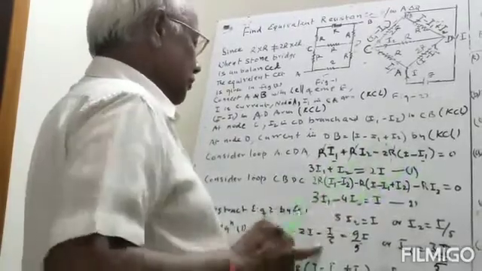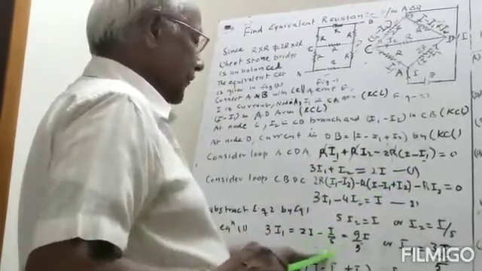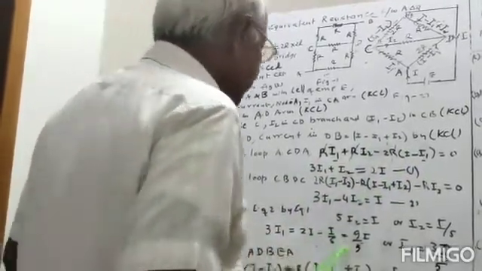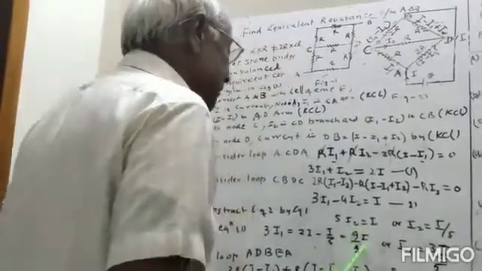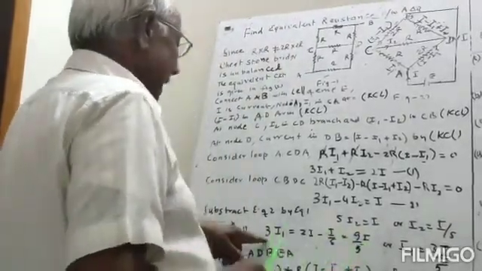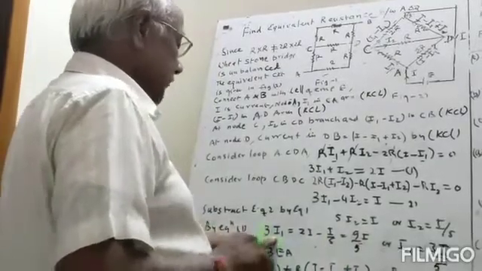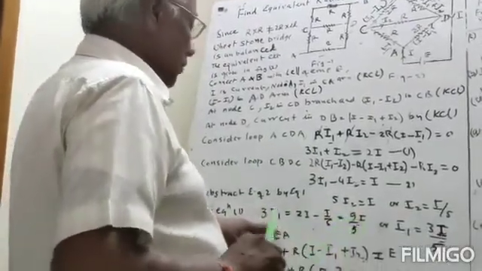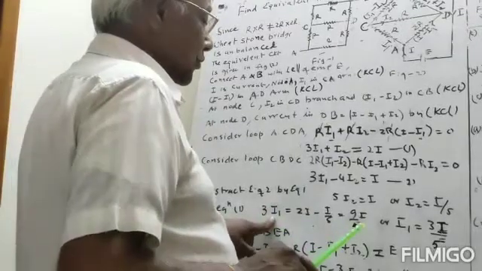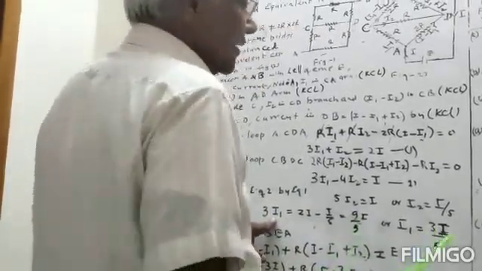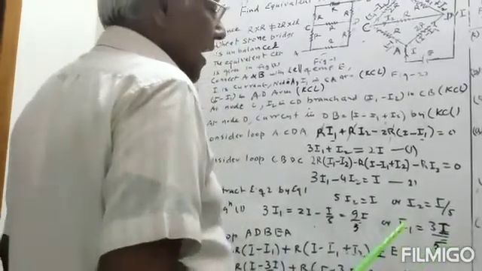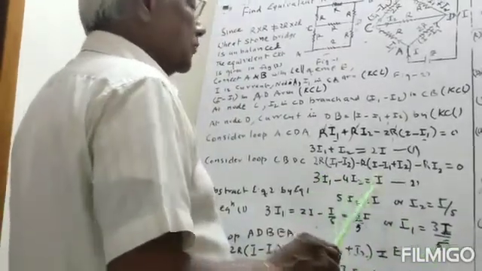Taking it to this side, this will be minus 1/5 R I, that is, 5I by 5. This will be equal to 9/5 into I. So I1 will be equal to, 3 will cancel with 9 3, 3/5 into I. So we have found I1 and I2 in terms of I.